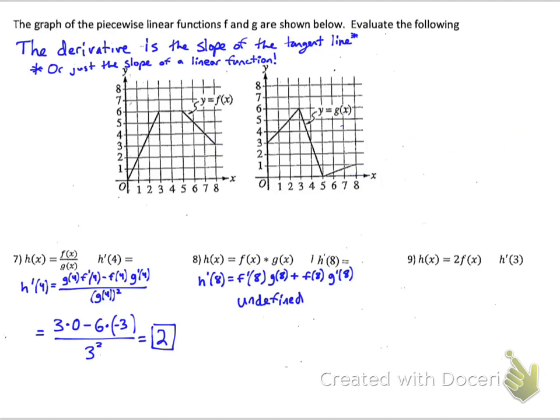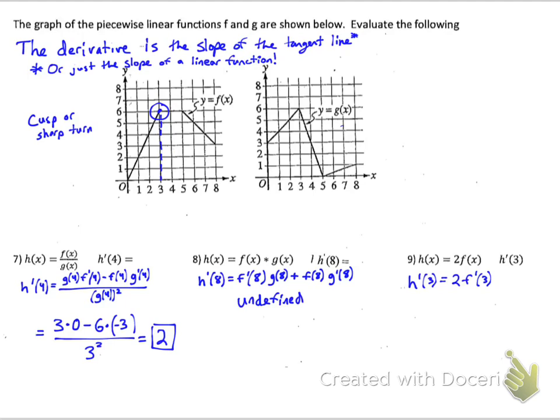Looking now at number 9, we first take the derivative, we get 2f prime of 3. We'll look very carefully at the function when x is 3. Since this is a piecewise function, there's a funny bend there, and since that is a sharp turn, remember one of the ways a derivative cannot exist is if there's a cusp or a sharp turn.